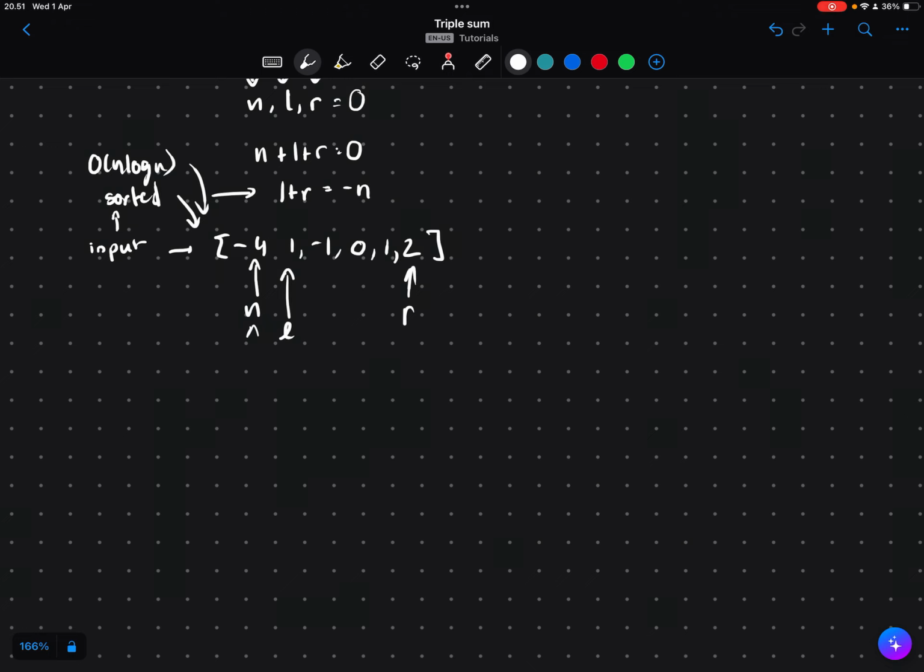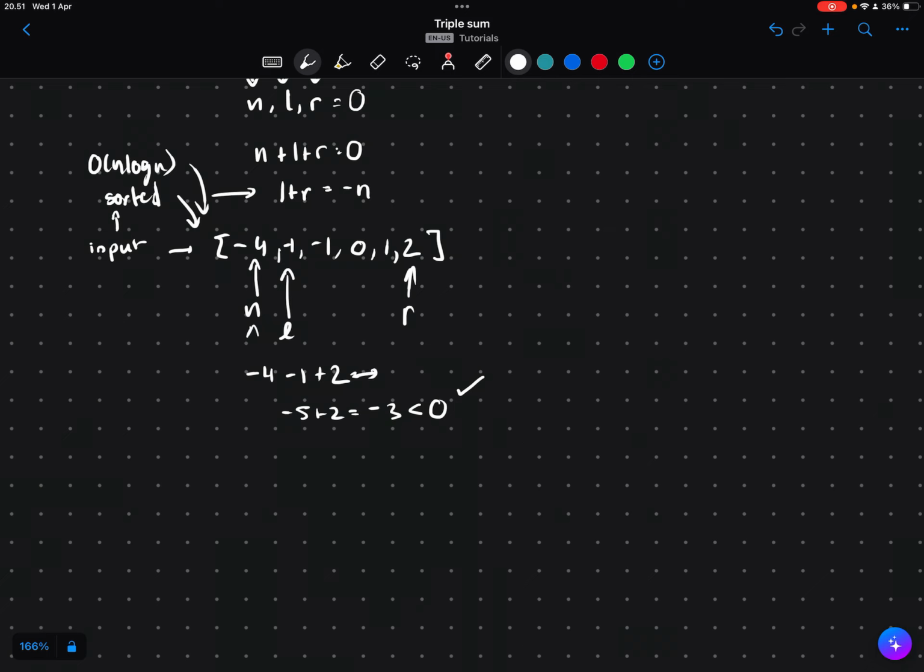Same thing as the last time. If we have n as -4 in this case, -1, and then +2, what does that equal? -5 plus 2, that's -3. Is that less than 0? Yes, it is.